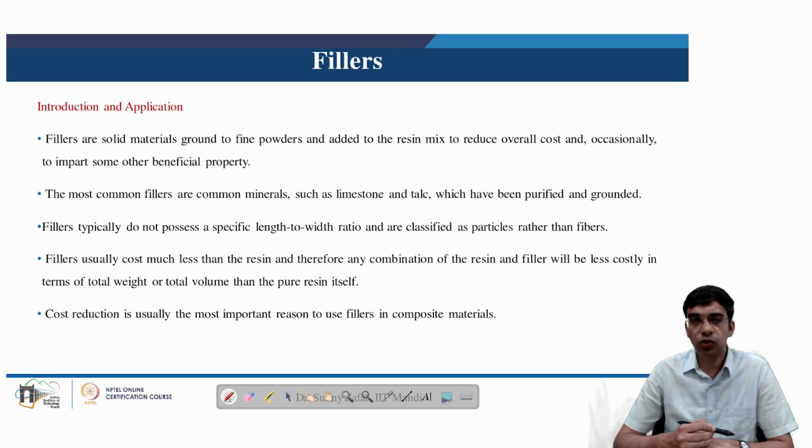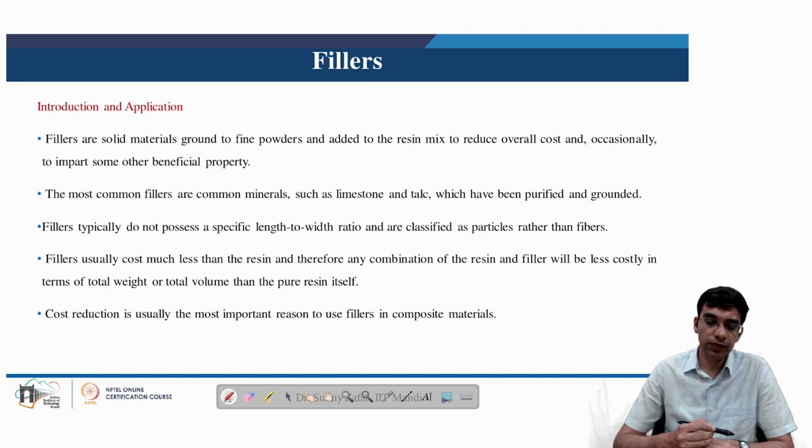Fillers in general don't possess any specific length to weight ratio and are classified as particulates or particles rather than fibers. Fillers are also known to cost less than the resin, so it is sometimes economical to use a combination of resin and filler, where the total weight and volume of the resin can be reduced.